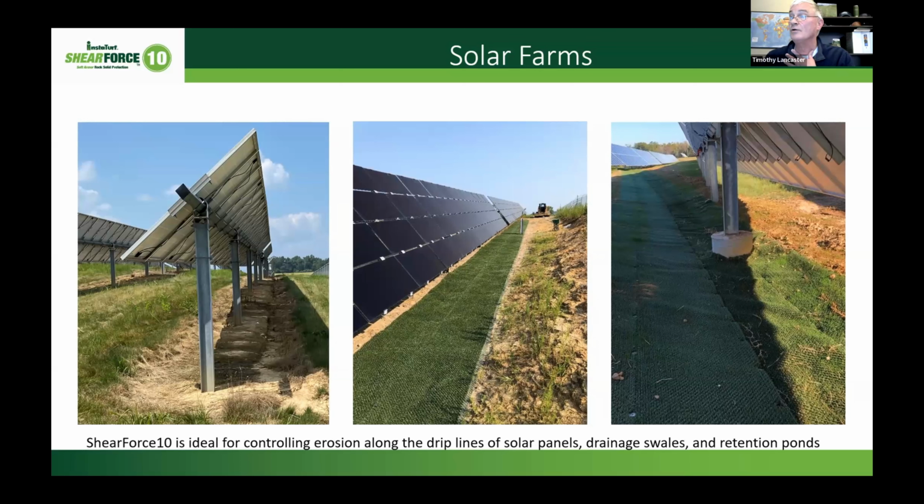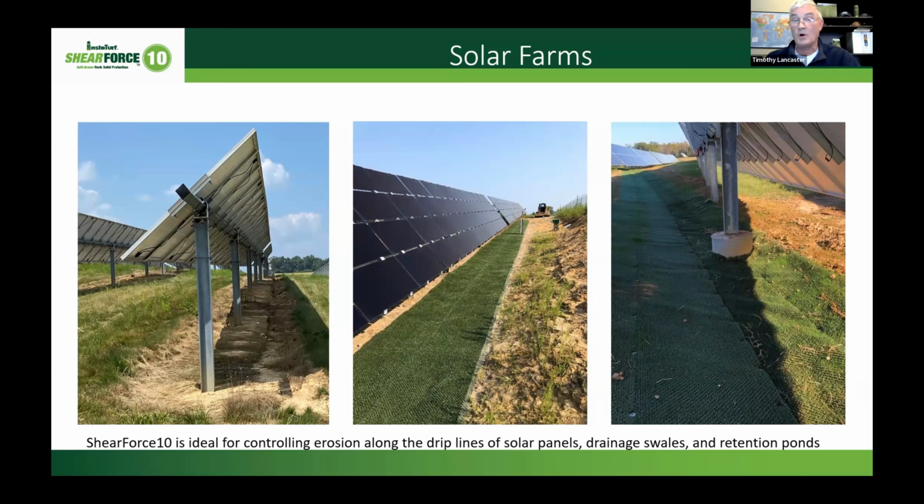We do a lot with solar farms with this product, from drip line protection to draining swales, especially if your drip lines or your arrays are on sloping areas. A lot of times they have erosion issues right under the drip lines. And of course, if the arrays are out in a flat cornfield or something like that, there's probably not much of an issue there.